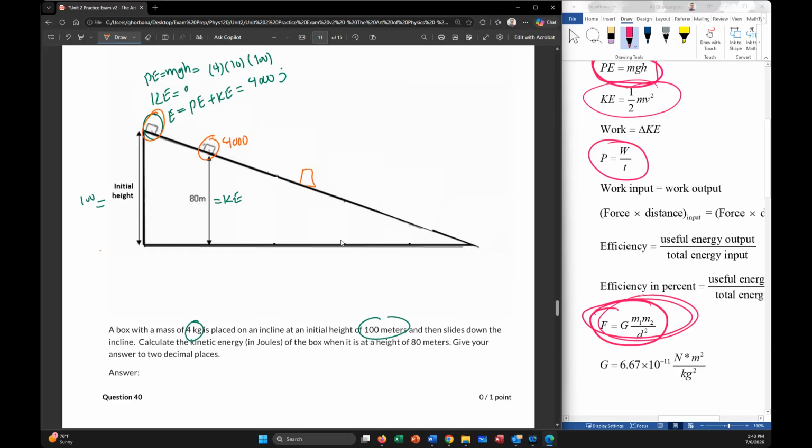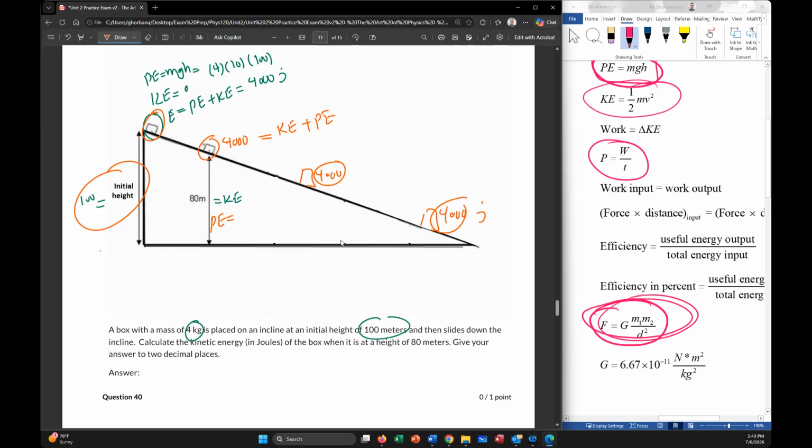When it's here is 4,000, when it's here is 4,000. So how can we calculate the kinetic energy here? Because when the ball is sliding down, it does have kinetic energy plus potential energy. But the potential energy is different than when it is 100 meter above. So how can I calculate the potential energy when 80 meter above the ground?